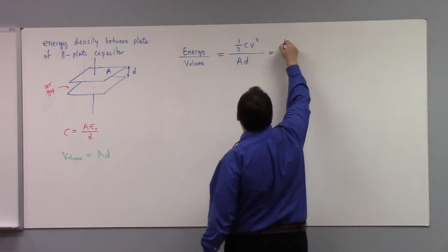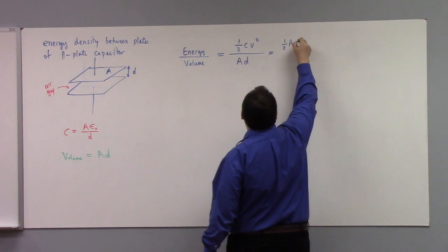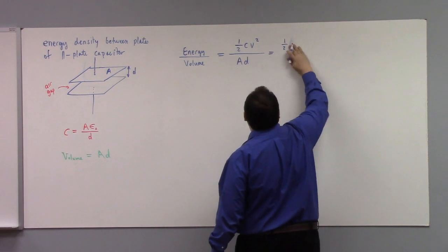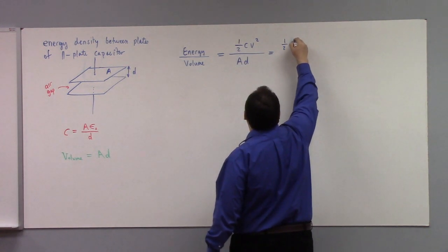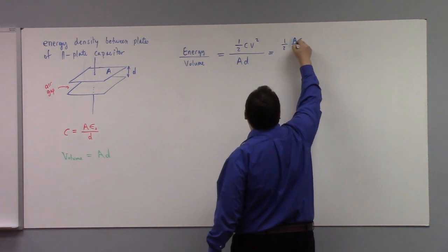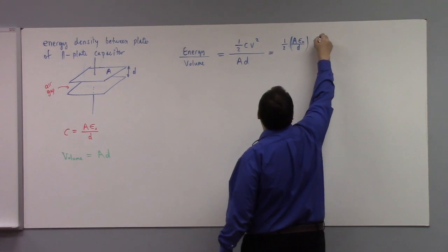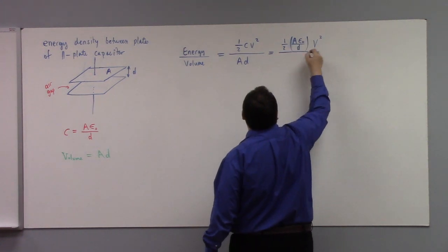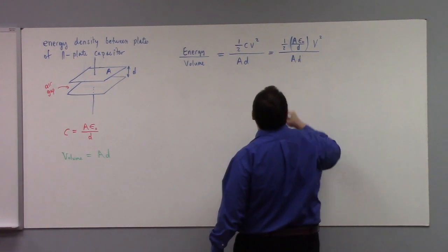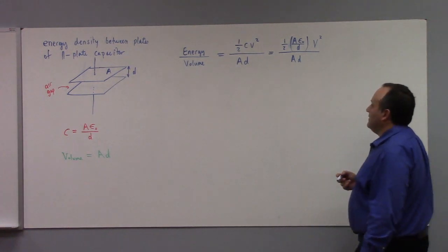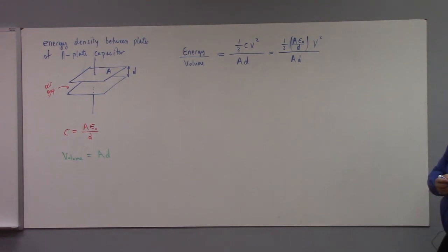So this is 1/2 times A epsilon naught over D, that's my capacitance, times my voltage squared, and I'm dividing by AD. You notice something interesting happens already: the area cancels out.